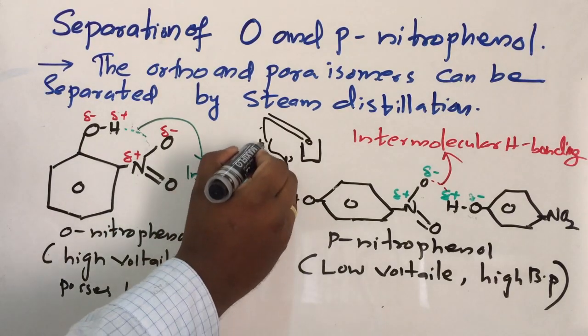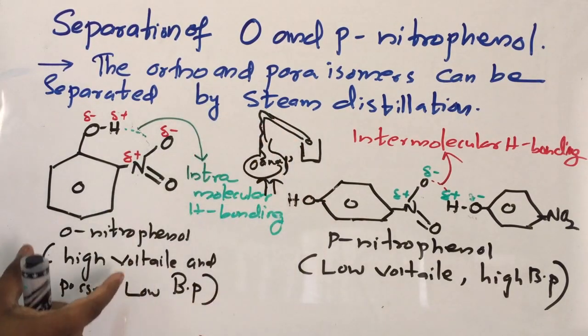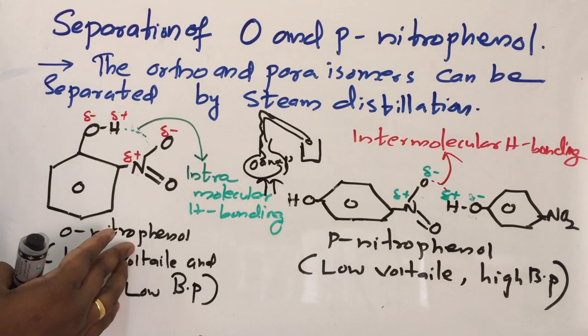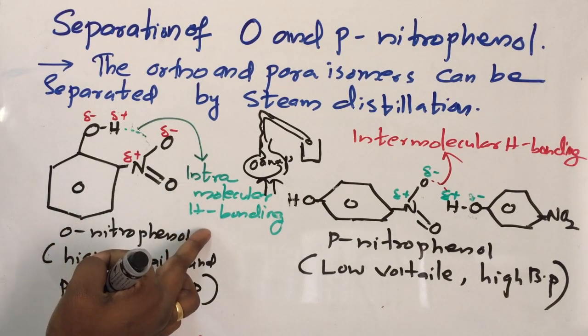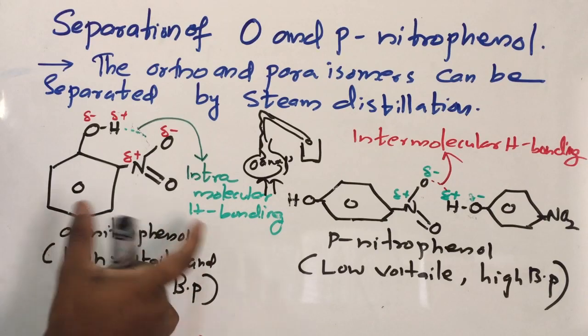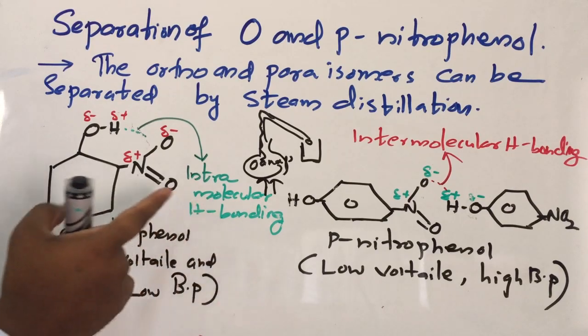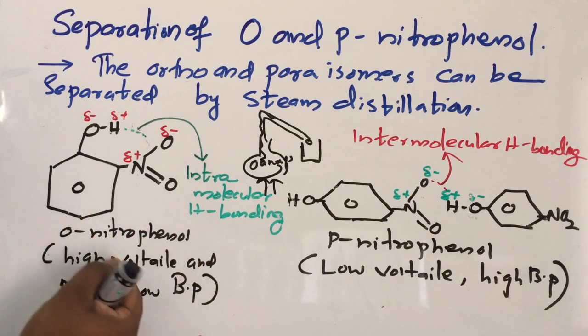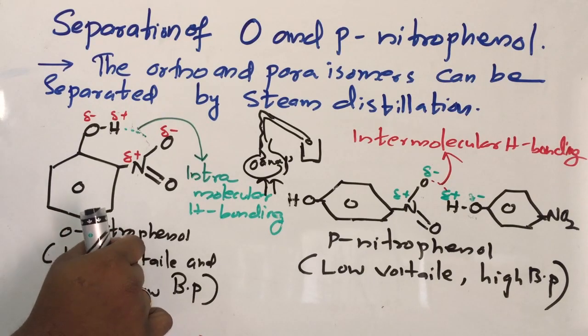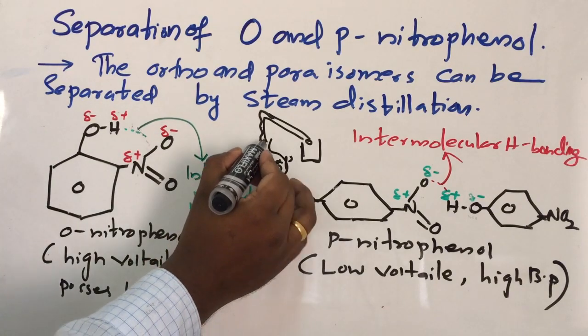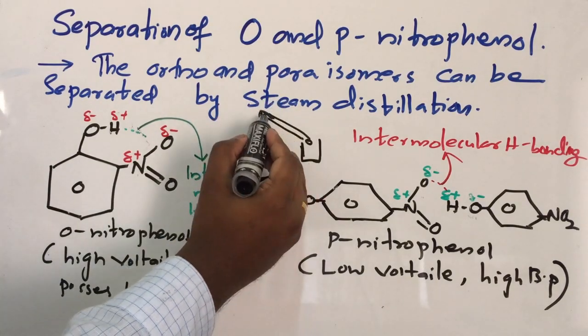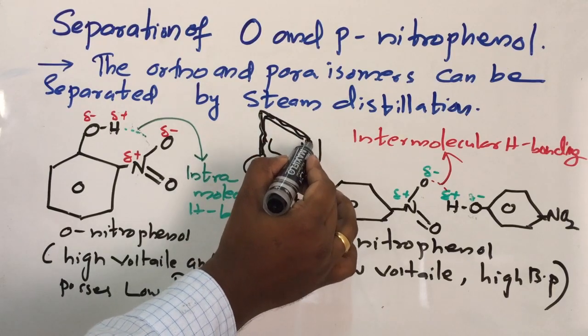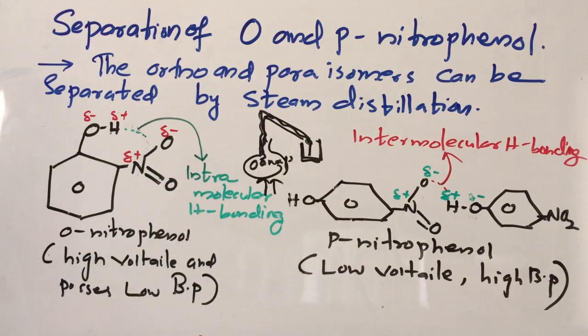Yes, ortho. Ortho will form vapor first because in ortho-nitrophenol only intramolecular hydrogen bonding is present. There is no bonding between molecules, so ortho-nitrophenol needs only a small amount of energy to convert into vapor. That vapor will condense, and the liquid we can collect in the receiver.